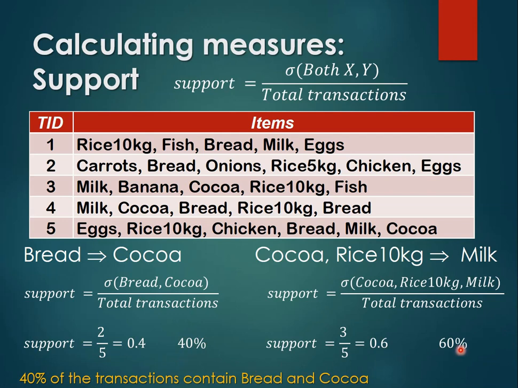Similarly, for the second rule, 60% of all the transactions contain cocoa, rice 10 kg, and milk. So the second rule of 60% is a stronger rule because 60% is larger than 40%. The second rule is stronger than the first rule.